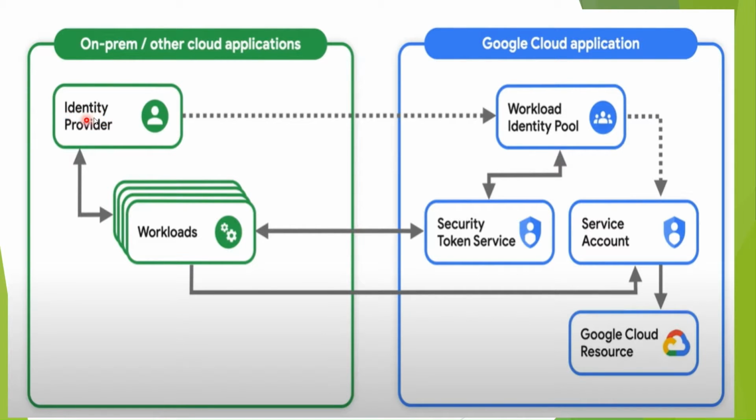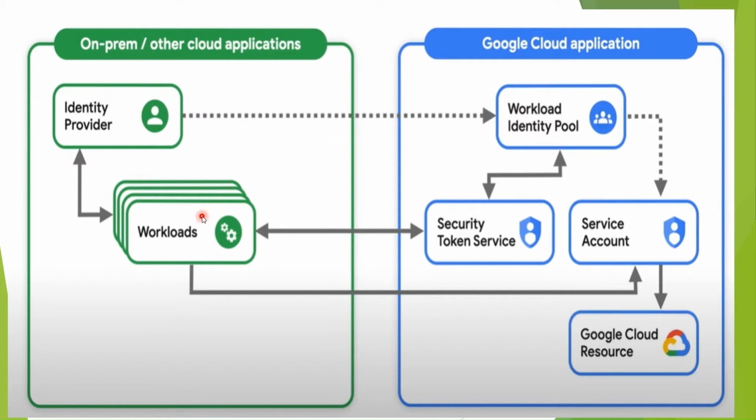So suppose this is AWS, Azure or on-prem. We will configure these details in our workload identity pool. For AWS we will give the account ID. For Azure we will register an app in Azure and provide its ID. According to that, we will configure all the details of your identity provider in our workload identity pool.